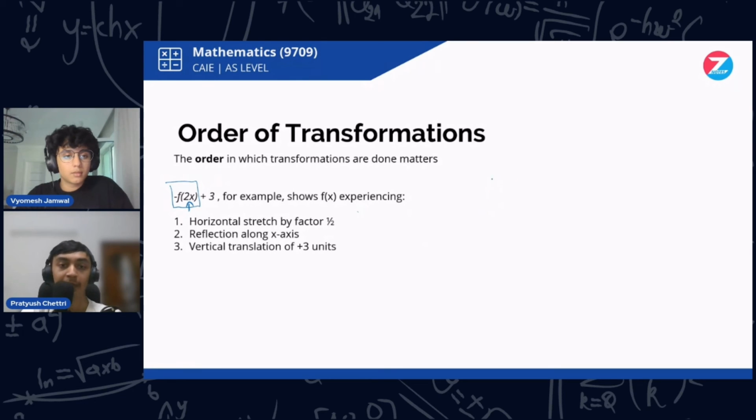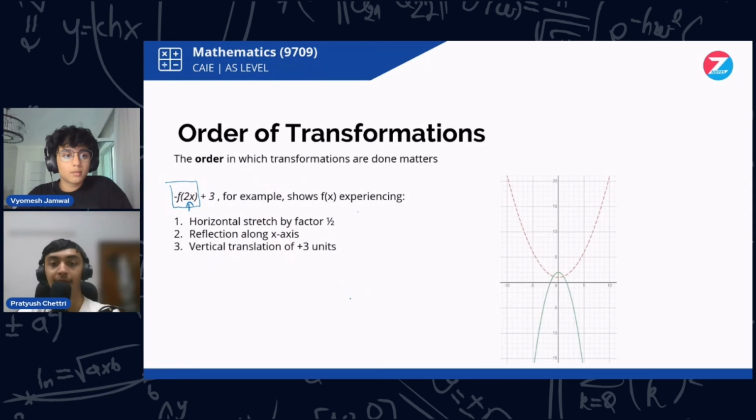So what that looks like is it's basically flipped upside down, from top to bottom. And finally, a vertical translation of 3 units up. What this looks like is here. I have this curve f(x), and I have this curve minus f(2x) plus 3.